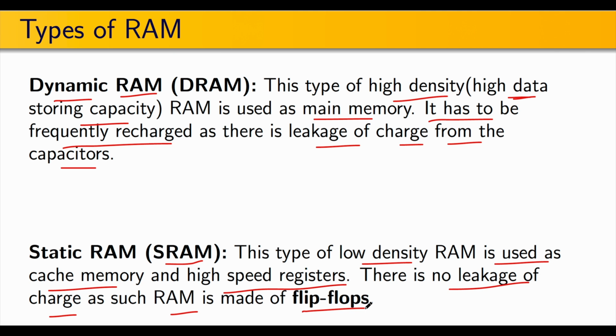So this kind of SRAM doesn't need any charging from time to time. That's why it is fast to access, even faster than DRAM. But the problem is that it cannot store a lot of data, whereas DRAM can. And so the main memory of the computer is a DRAM, while SRAM is used in cache memory and high speed registers.